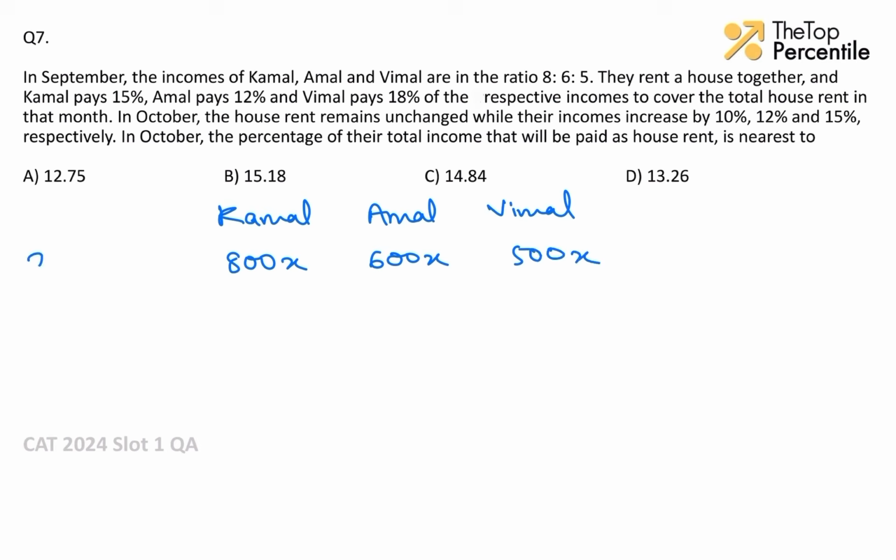So these are September incomes. Now they rent a house together. Let me write the rent here. Kamal pays 15% rent, that is 120x. Amal pays 12%, which is 72x. Vimal pays 18%, which is 90x.